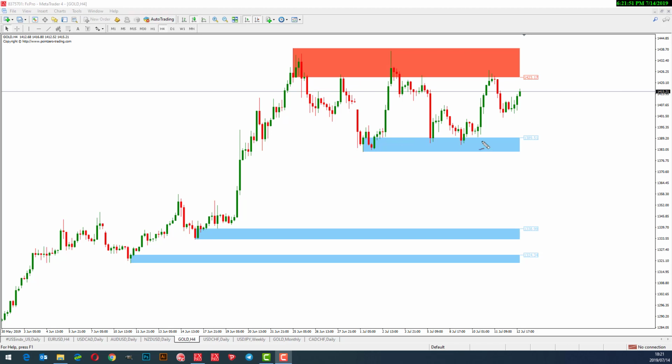So now on an H4, you can clearly see my 1380 short-term demand area, which I highlighted for people to go long. Yes, we did go long there. That was one of our trades from last week. So now where price is currently, if it happens that we have a push to the downside, then the 1380 price level is a potential bullish entry.